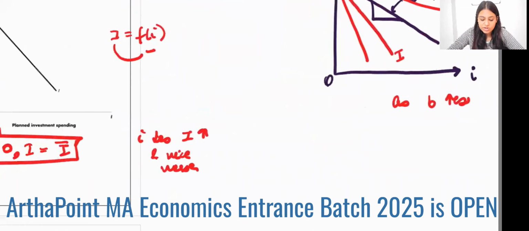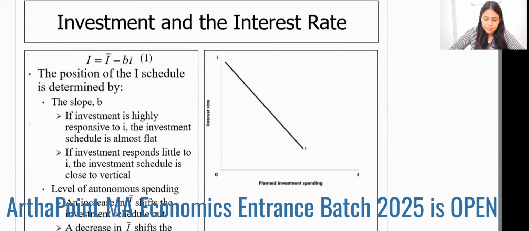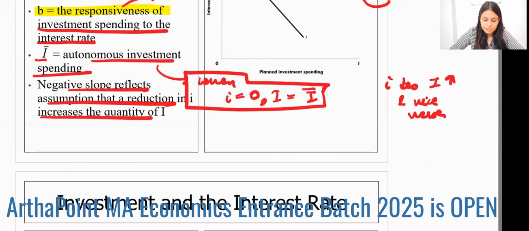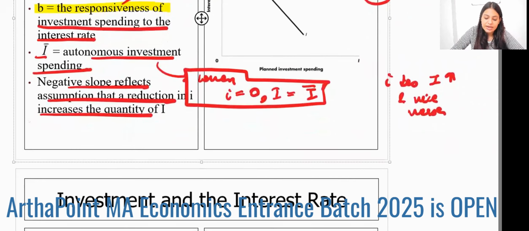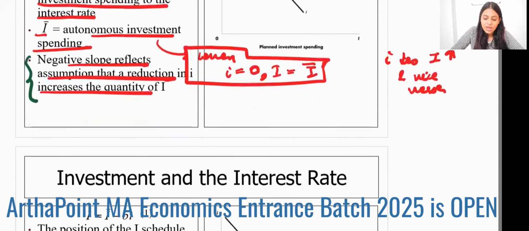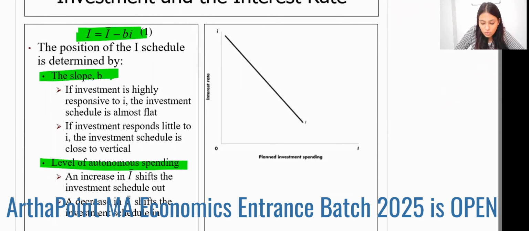So let's go ahead and check this back. So I am saying that B is the responsiveness and I have a negative slope. And now I'm going ahead and saying that I is equal to I bar minus BR. And there are two things that are going to determine my investment function. One is the slope and one is the level of autonomous spending.